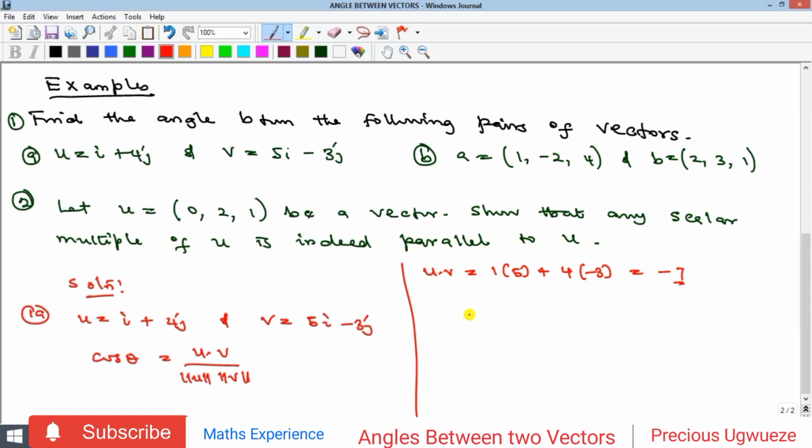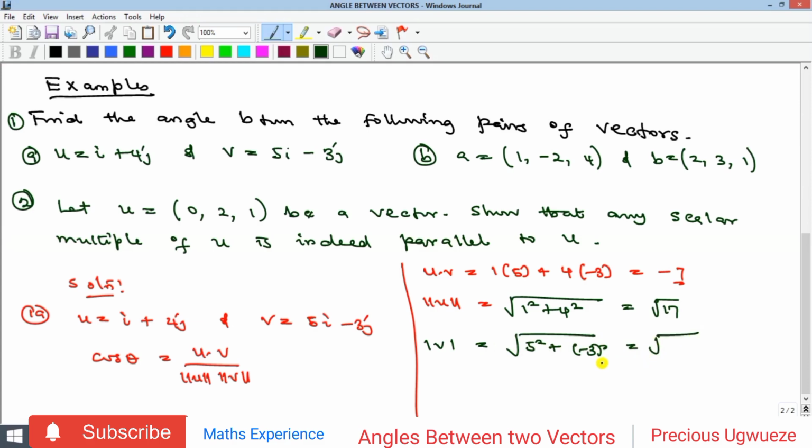What about the magnitude of u? The magnitude of u is the square root of 1 squared plus 4 squared, which is equal to the square root of 17. And the magnitude of v is equal to the square root of 5 squared plus minus 3 squared, which is the square root of 25 plus 9, and that is 34.